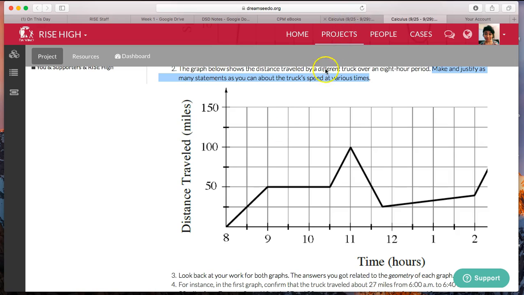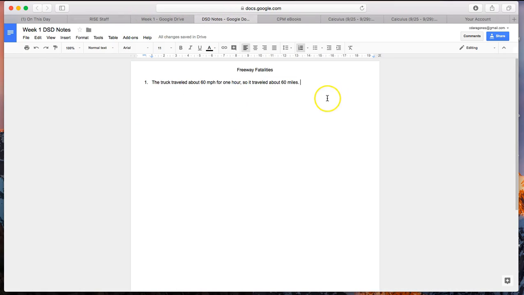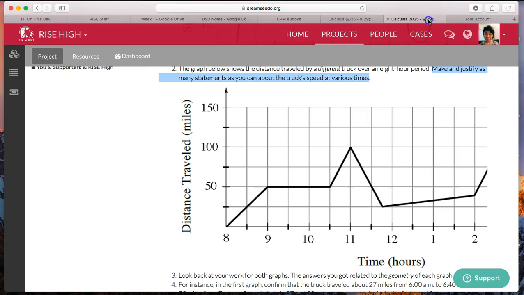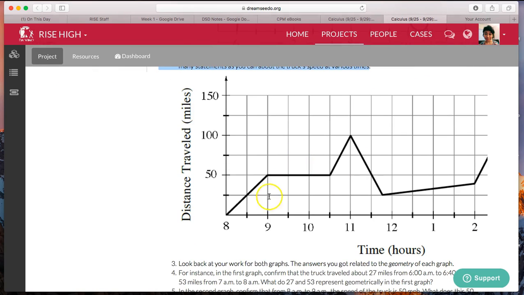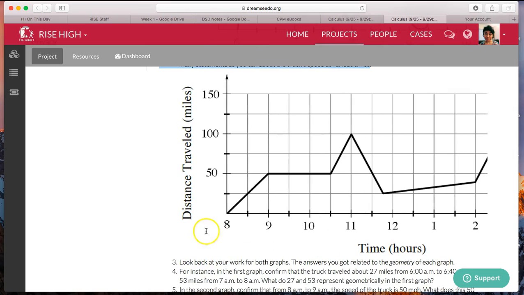Okay, so we know that, for example, for number 2, the second truck traveled 50 miles in 1 hour. Okay, so your goal is to make statements about this truck during different times over the course of 8 hours to 4 hours. So 8 a.m. to 4 a.m. rather.